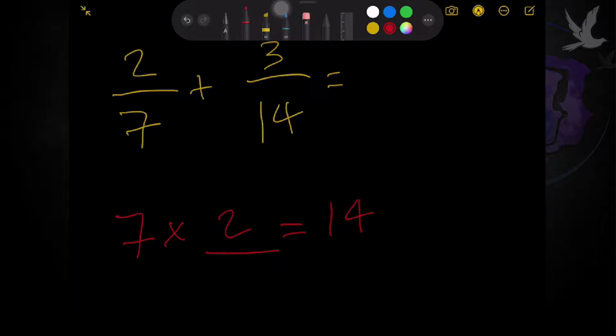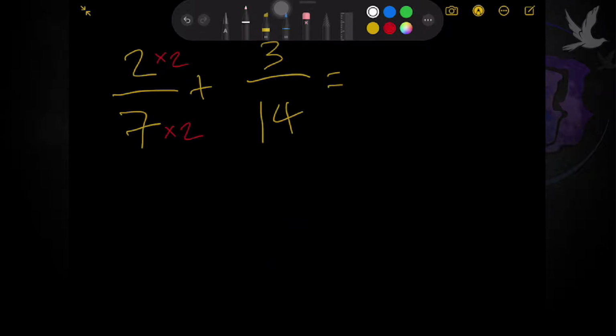So you will multiply 7 times 2. And whatever you multiply with your denominator, you should also do it with your numerator. Since you multiplied your denominator by 2, you should also multiply your numerator by 2. Okay? So that's it.